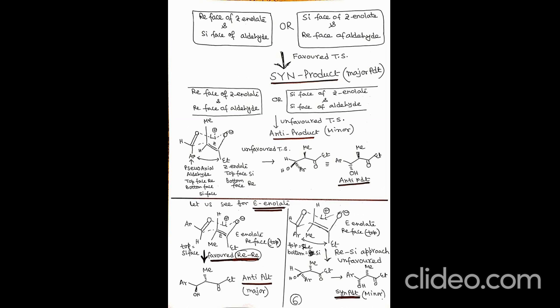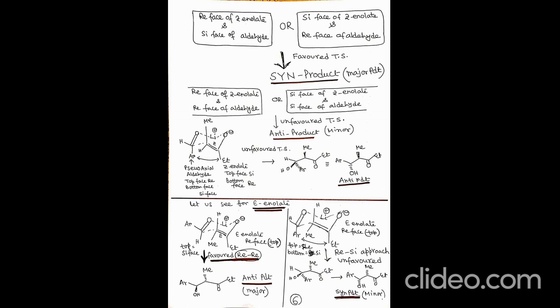This proceeds through the unfavorable transition state, which has higher transition state energy because of the unfavorable pseudo 1,3 syn-diaxial interaction between the aryl group of the carbonyl component and the alkyl group at the O minus bearing center of the Z enolate. As this is passing through the unfavorable interaction, this anti-product will be the minor product.